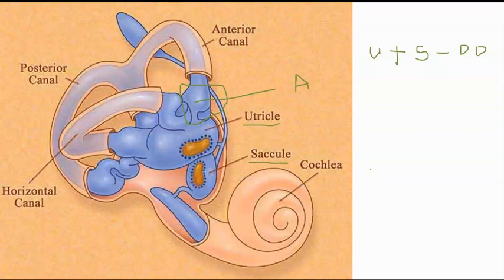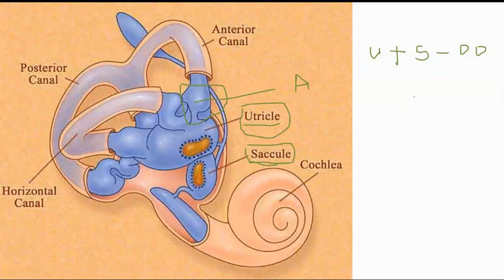In the same way, even in the otolith organ, which is the combination of utricle and the saccule, you can notice the presence of the macula. Cristae is the projecting ridge present in the semicircular canal, whereas the macula are the projecting ridges present in the otolith organ.